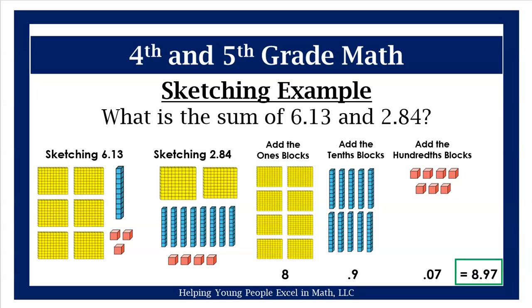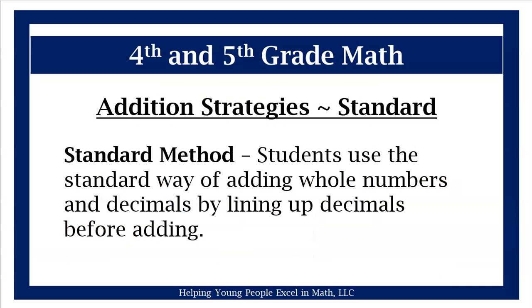When we count those together, we have 1, 2, 3, 4, 5, 6, 7. So 6.13 plus 2.84 is equal to 8.97, or 8 and 97 hundredths.